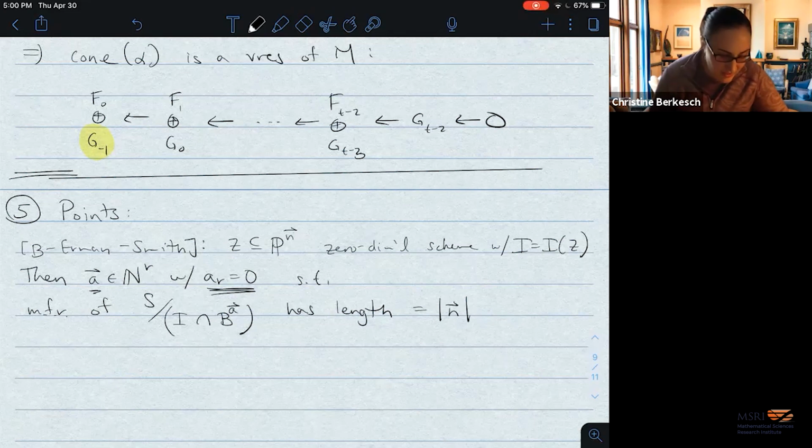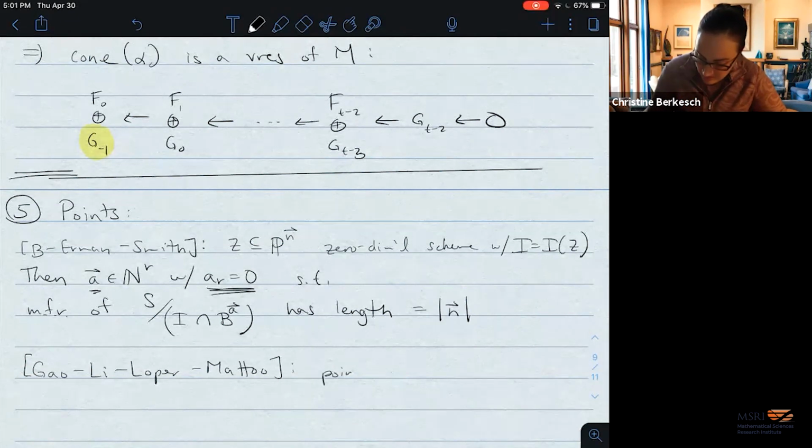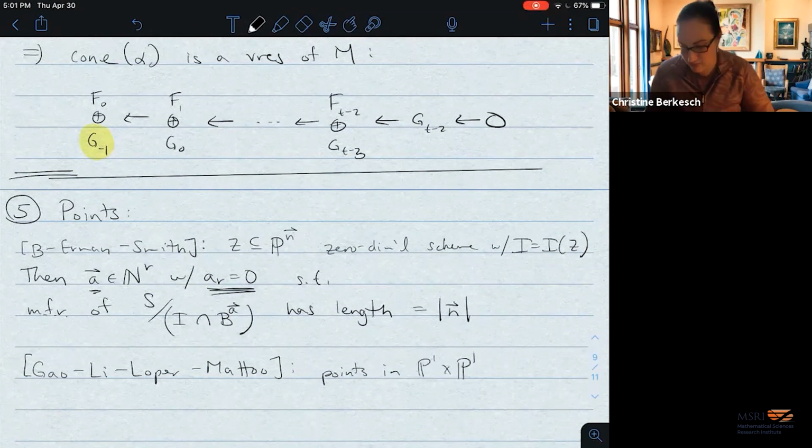Okay, and then I'm not going to state the results now, but I'll just point out that there's this other paper, by students from another REU who worked with Mike as well that summer, and that's looking at points in P1 cross P1 and asking not about virtual Cohen-Macaulayness, because now we're expecting length 2 will give us virtually Cohen-Macaulay, so we already have that in this setting.